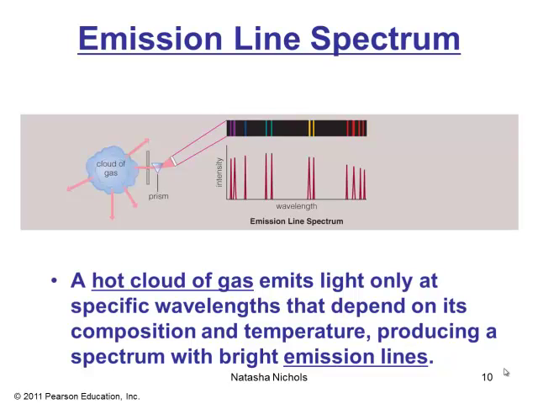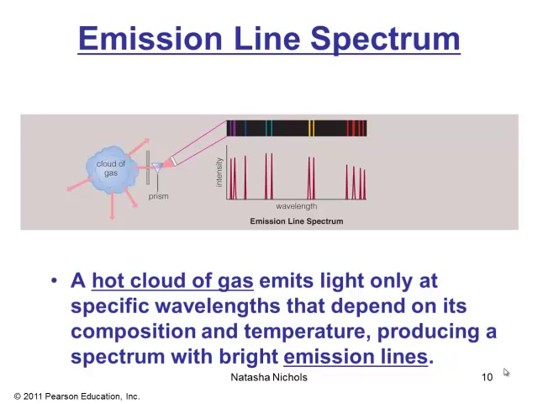An emission line spectrum, on the other hand, is produced when we have a hot cloud of gas which will emit only at specific wavelengths, and that depends on the gas's composition, so what it's made of, and its temperature.